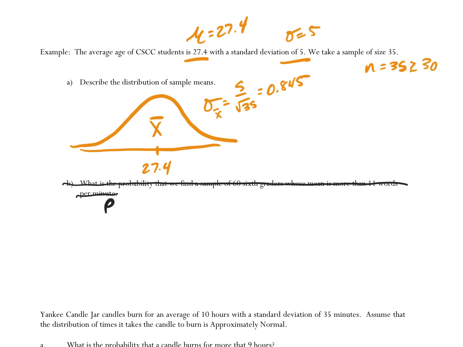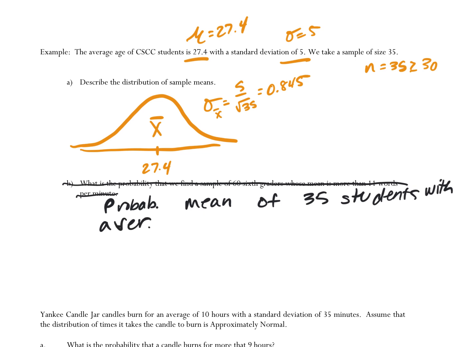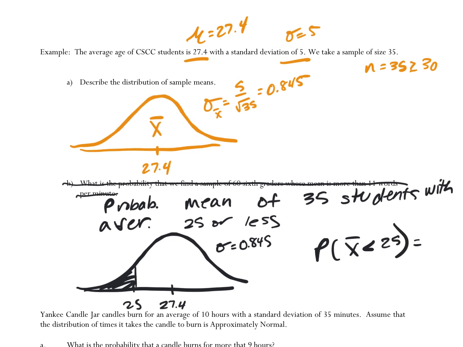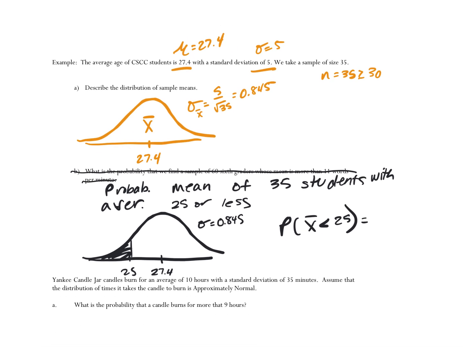Let's say, what is the probability I get a mean of 35 students with average of 25 or less? That'd be pretty surprising.